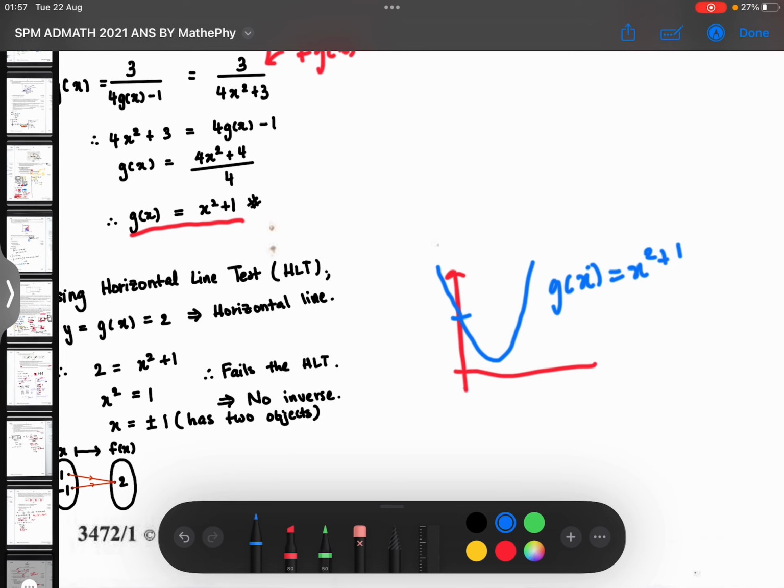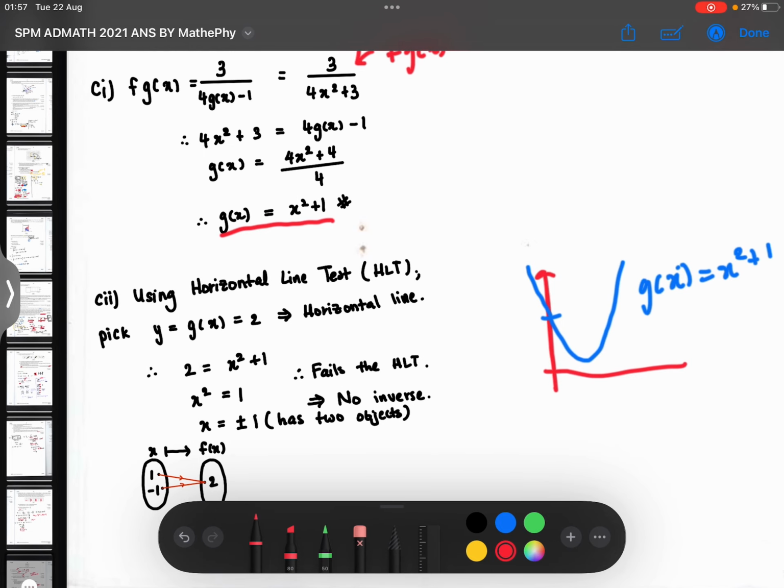So horizontal line test. For my previous solution, I choose y equals g(x) equals 2. So it's like over here, and this is actually 1. So this is y equals 2.